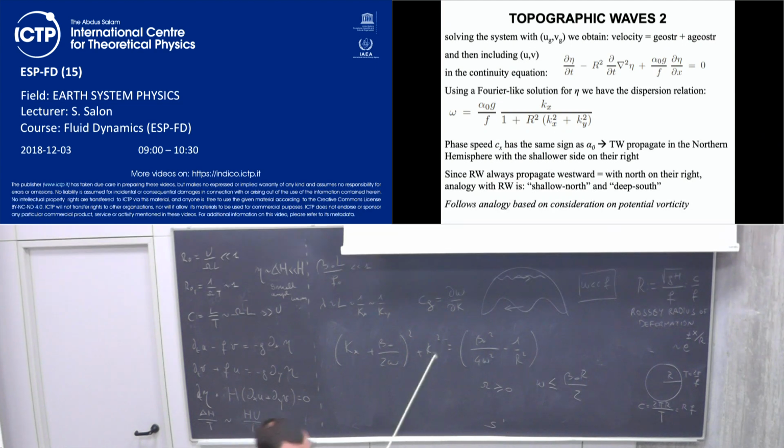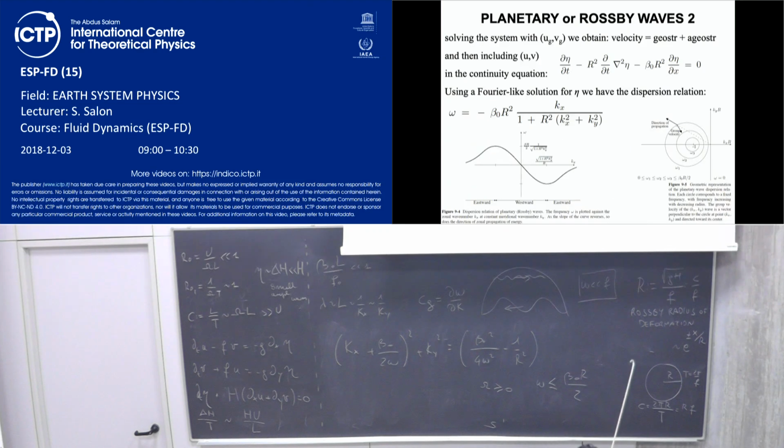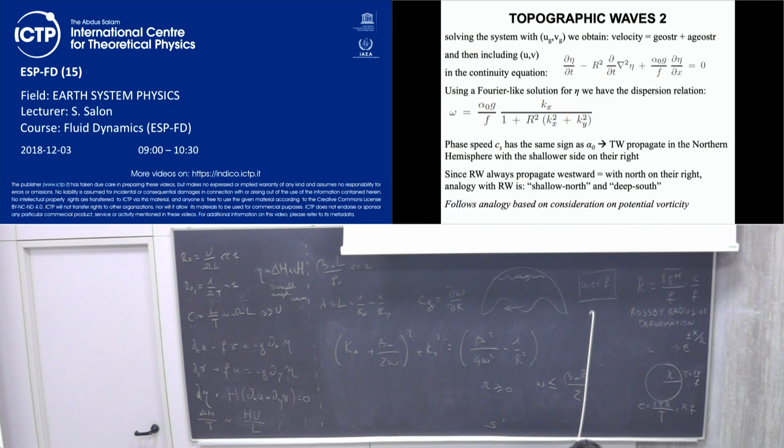So you can see that it is very, very similar. The first two terms are exactly the same. The only change is the third term, which here depends on beta 0, and here depends on alpha 0.